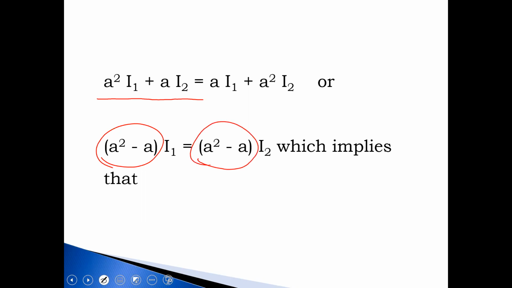What it implies, because these would be the same coefficients, is that I1 is equal to I2. So in other words, the positive sequence current is equal to the negative sequence current.